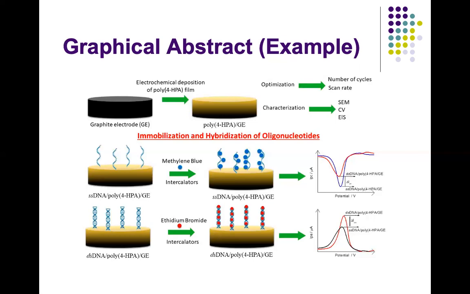Reading is one part. I will read the executive summary, and at the same time I'll be looking at the graphical abstract. So the skill of translating your executive summary into a graphical abstract is very, very important. By hook or by crook, you have to do this.